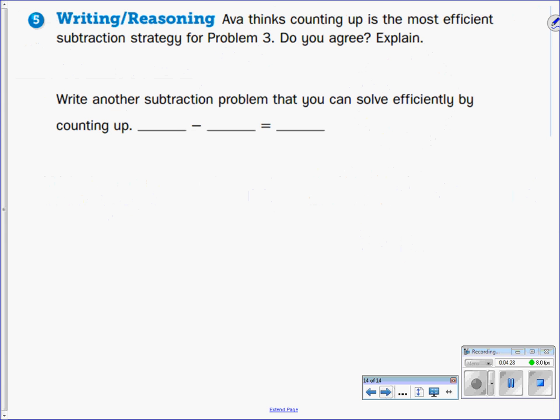And the last one, Ava thinks counting up is the most efficient strategy for problem 3. Do you agree? And explain. And if you remember, problem 3 was counting up from 1,000 to 98.